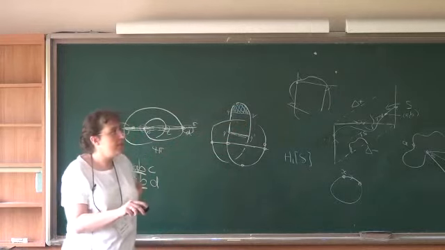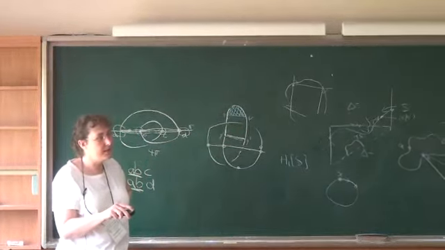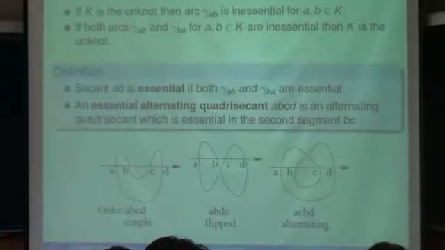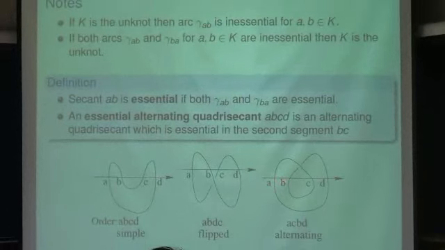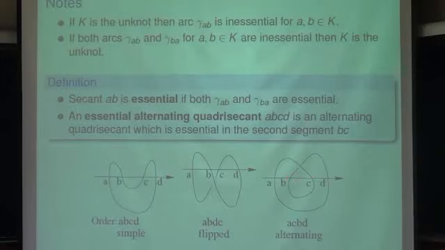And then when I want to talk about quadrisecants, we're doing these limiting arguments, so where can points come together? When you look at points A, B, C, D, the only place you have to worry is points B and C coming together, because A and B can't come together without A, C, and B all coming together, right?